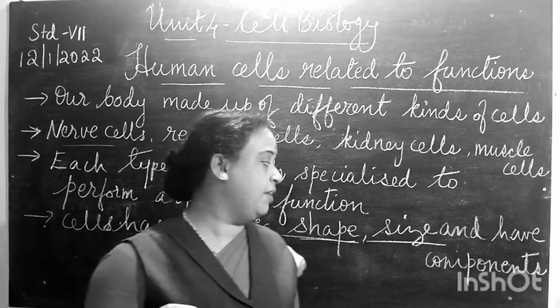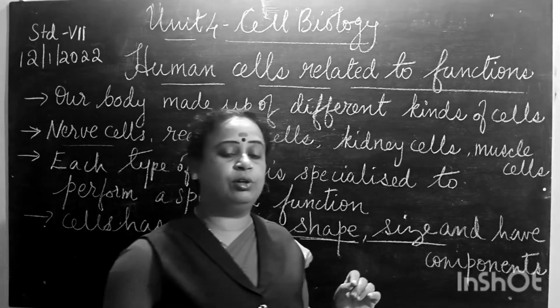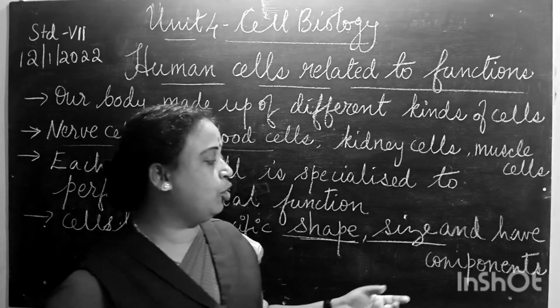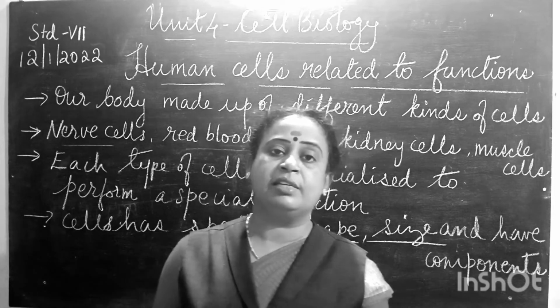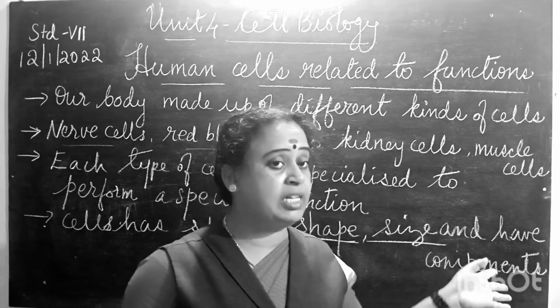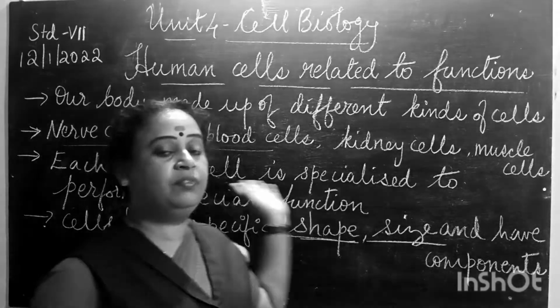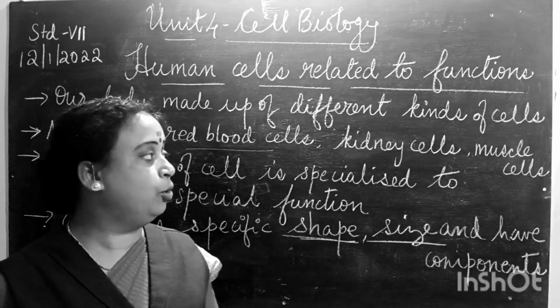So different cells have different types of shape. Likewise, the size of the cells also varies depending upon the function and the components. So I said different components are present inside the cell. These components may be similar in all cells, or sometimes they may be different in different types of cells. Understanding? Yes? So hope you understood this video.